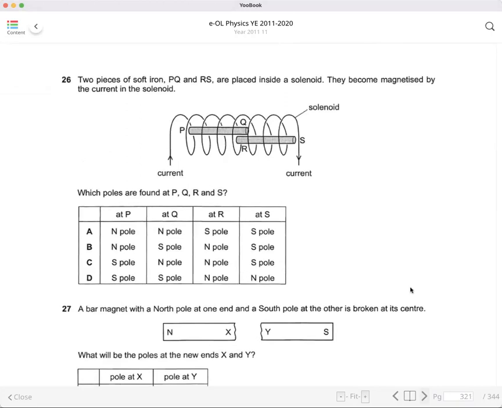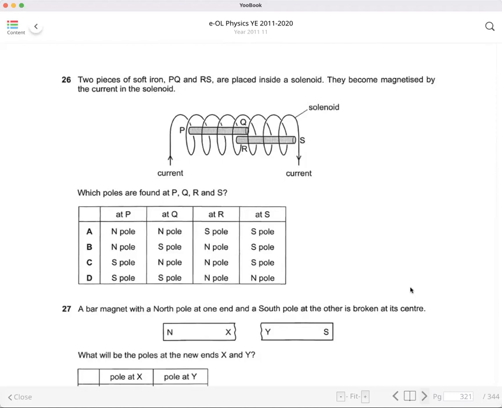Okay, do question 26. I got my answer already. Yiting, well done. Ryan, well done.